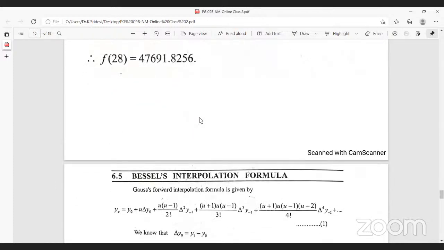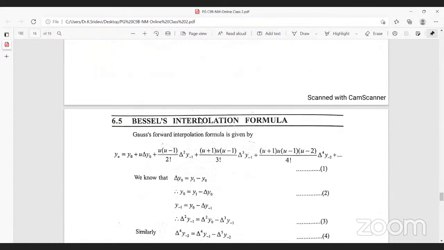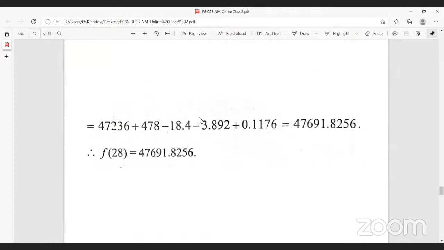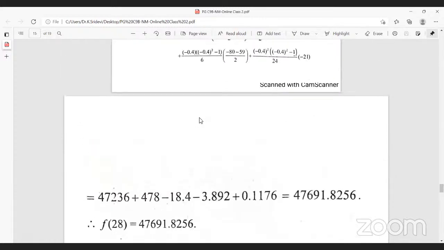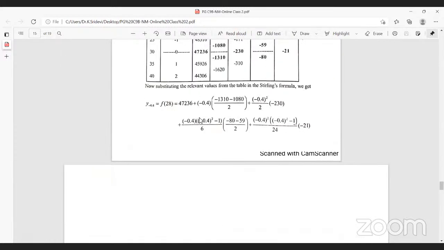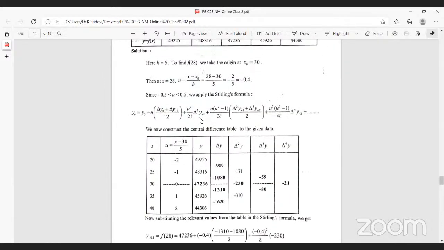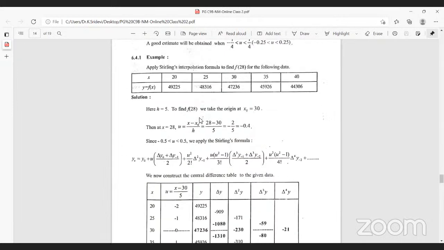So now similarly, we can use Bessel's interpolation formula for finding the functional value at any value of x which is nearer to the middle values. So how many formulas are there to find the functional value at middle values? Gauss's formulas, Stirling's formula, and Bessel's formula. The Gauss formula depends on u value.